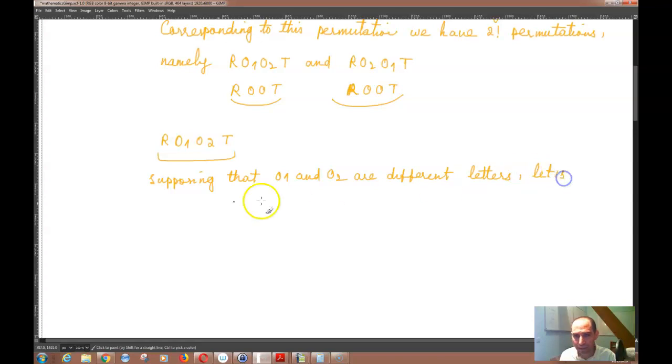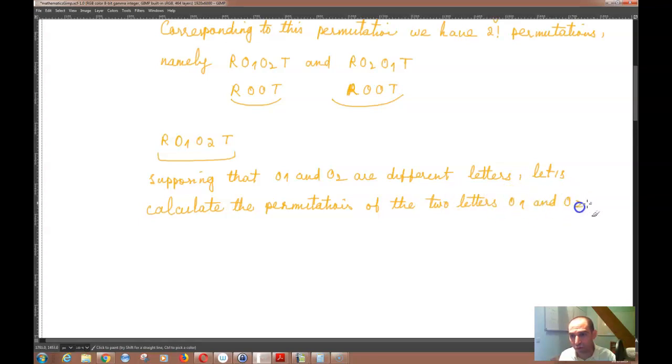let's calculate the permutations of the two letters O1 and O2 only, meaning that the number of letters is 2, meaning that n is equal to 2, and then of course I'm taking both at a time, so r is equal to 2.